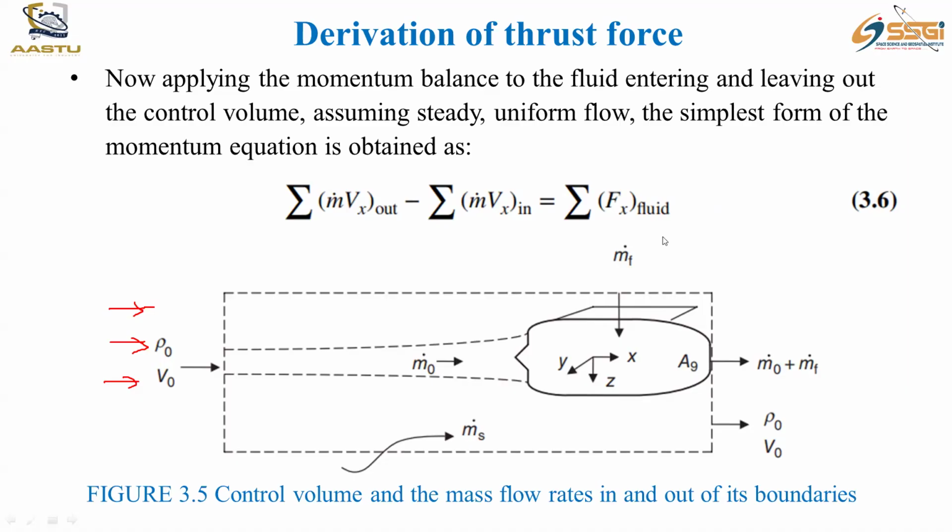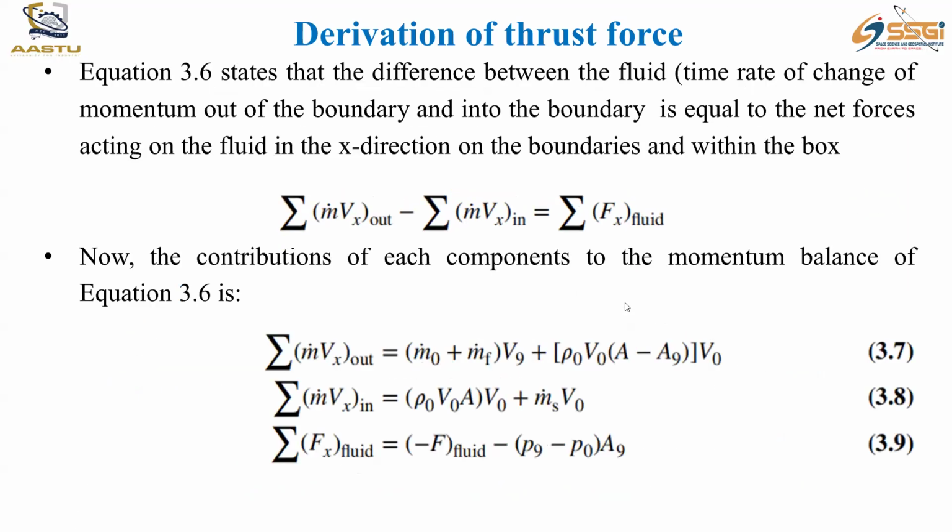So the net fluid that comes out from the system is equal to the summation of momentum in the x direction, out minus in, which gives us the net force in the x direction of the fluid. So that equation states that the difference between the time rate of change of momentum out of the boundary and into the boundary is equal to the net force acting on the fluid in the x direction on the boundaries and within the given box.